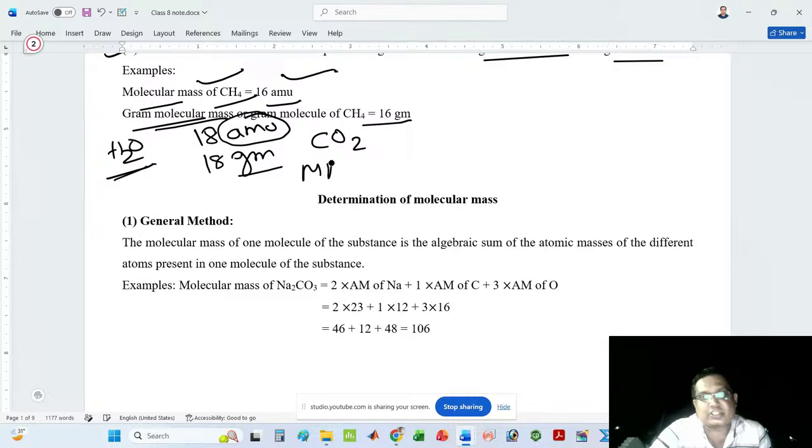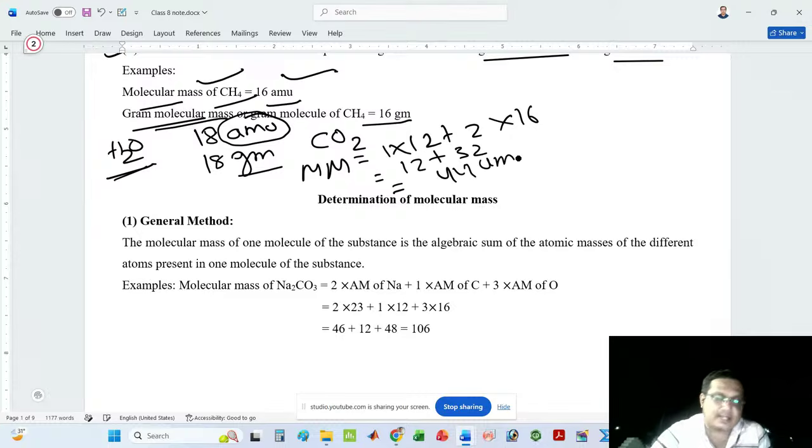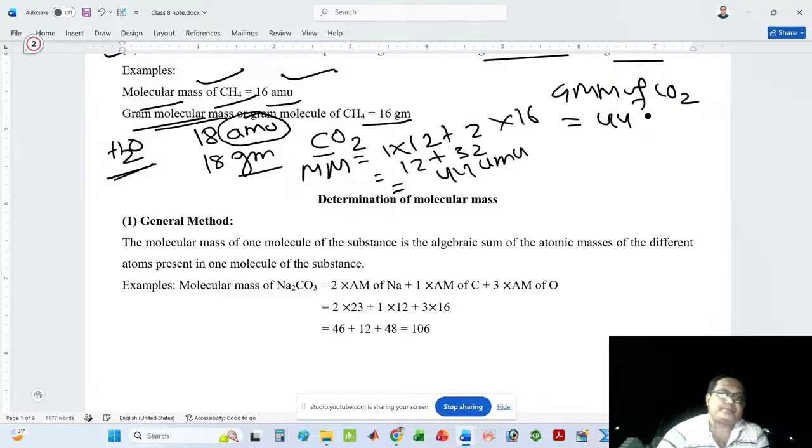That means 12 plus 32, that is 44. So 44 AMU is the molecular mass of carbon dioxide. But if you want the gram molecular mass of carbon dioxide, the GMM, then you write 44 gram. This is the gram molecular mass of carbon dioxide.